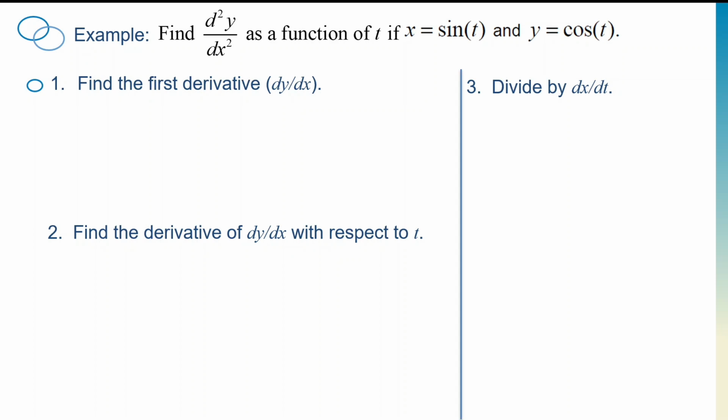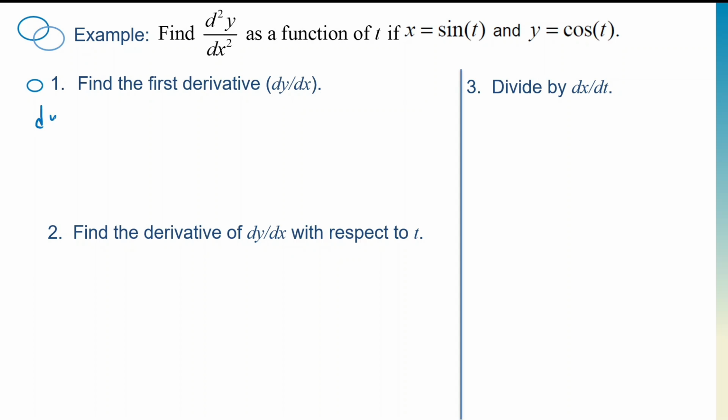Okay, this one. I need to find the second derivative for x equals sine of t, y equals cosine of t. Same question, but here I have trig parametric equations. I need to find the first derivative, fine, easy.